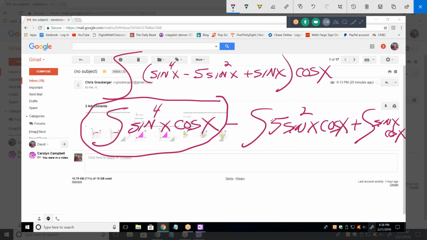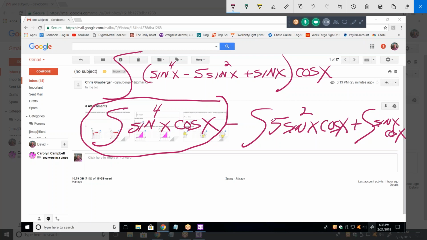Sine to the 4th of x is a composite function. If you were going to differentiate that, and I said, what's the inside of sine to the 4th of x? It's sine x. Well, what's the derivative of sine x? Cosine x.